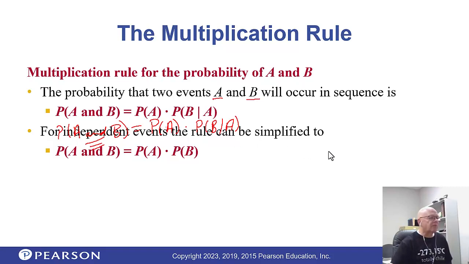Since that probability does not change, just because A occurred doesn't change the probability of B, if they're independent, then to get the probability of A and B, remember and, we just multiply the two individual probabilities.